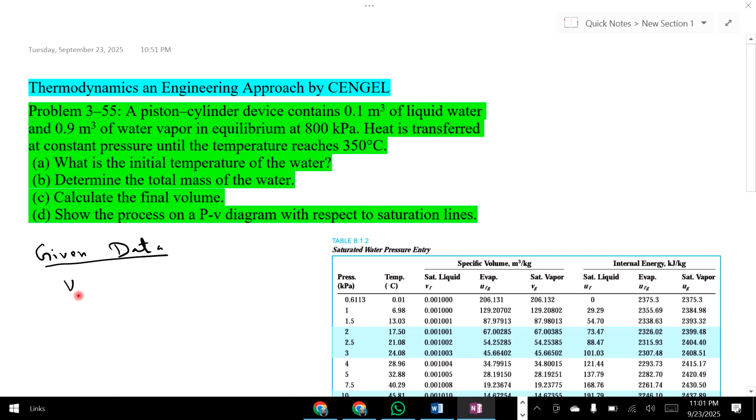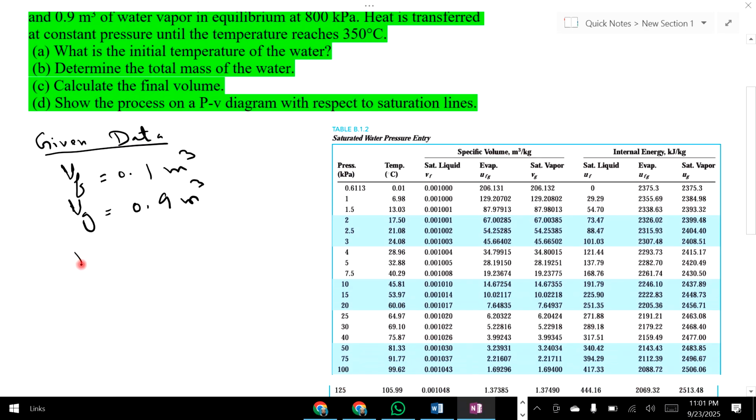It means that Vf, the total volume of liquid, is equal to 0.1 cubic meter, and Vg, the total volume of vapor, is 0.9 cubic meter. In equilibrium at 800 kilopascal, it means that P1 is equal to 800 kilopascal.